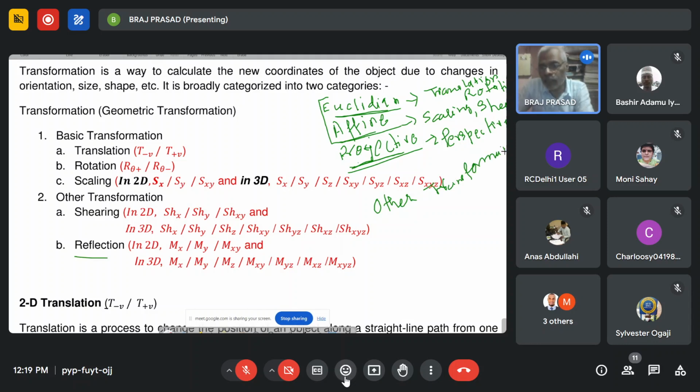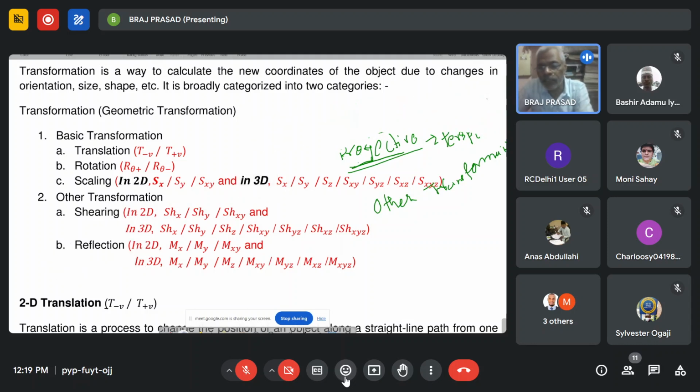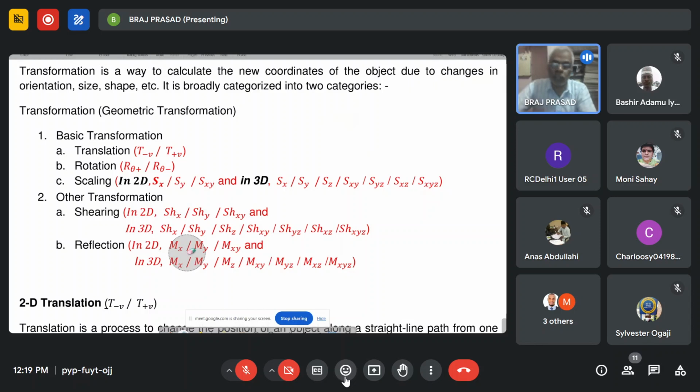So the basic concepts are translation, rotation, scaling, and shearing. Projective is another type of method that will be discussed later. What is perspective projection and what is orthogonal projection, etc.